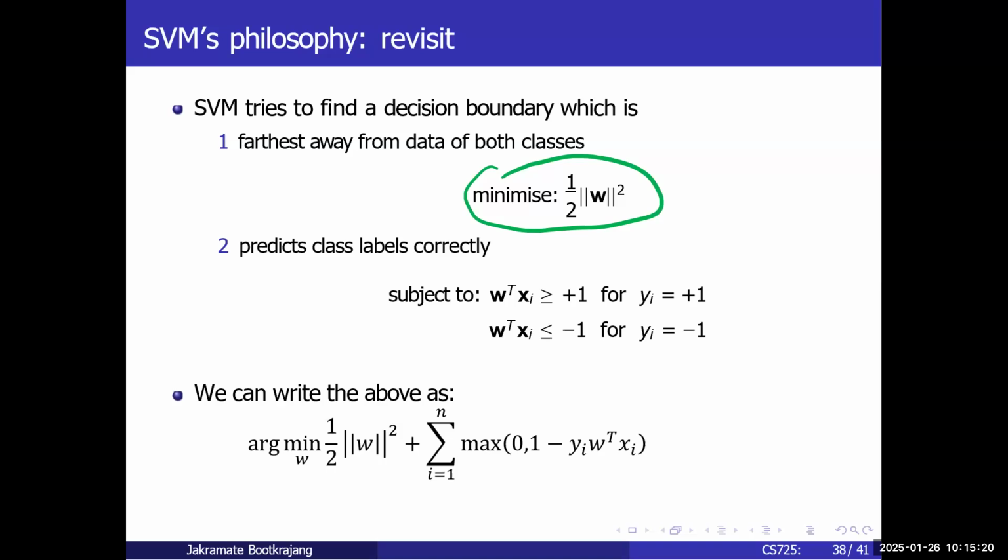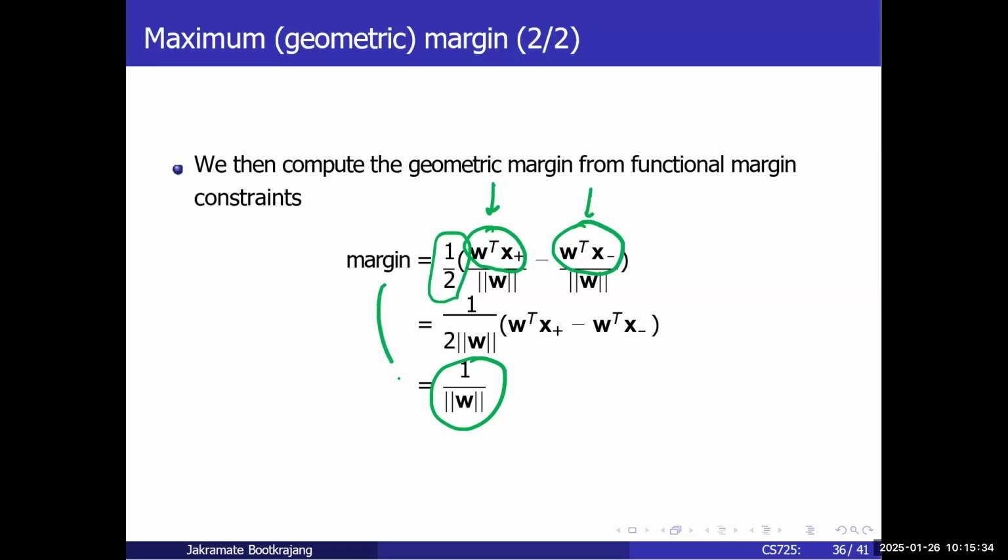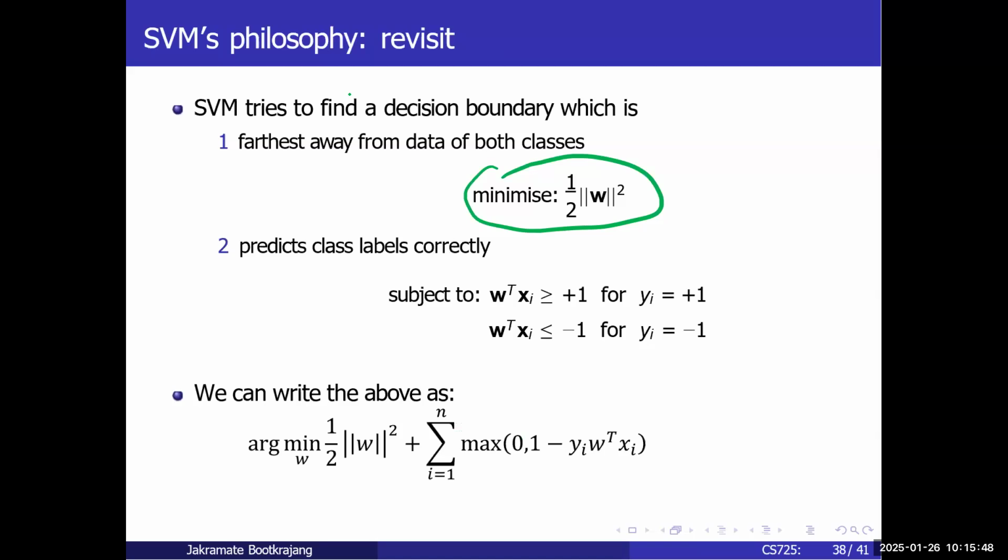Because we learned that the margin is based on the size of the vector, right? So the margin, right? The lower the weight, the lower the size of the vector, the higher the margin, right? So we want a high margin. So we want to decrease the weight. But by decreasing the weight, you want to make sure that the weight that you decrease still predicts correctly.